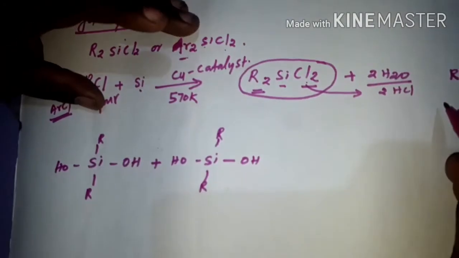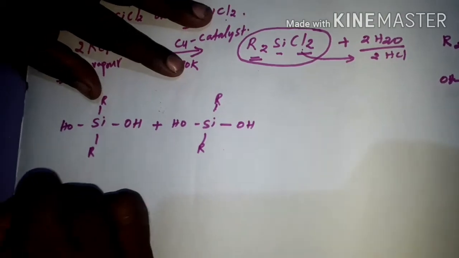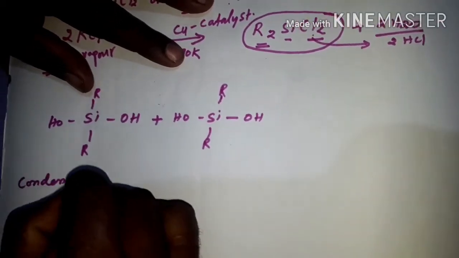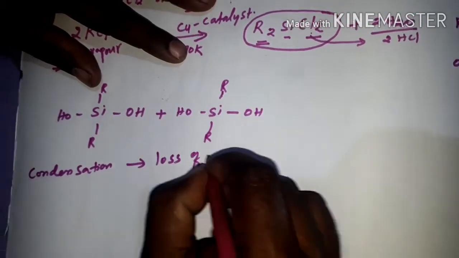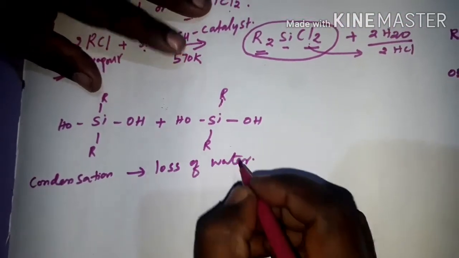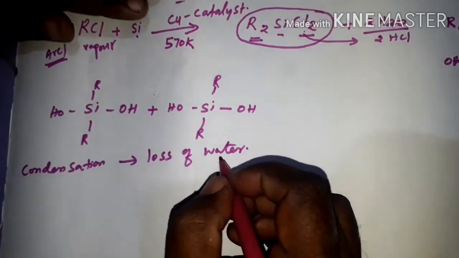So first hydrolysis takes place, then condensation. Condensation means what? Condensation, that is loss of water. So first hydrolysis, then followed by condensation, that means loss of water.